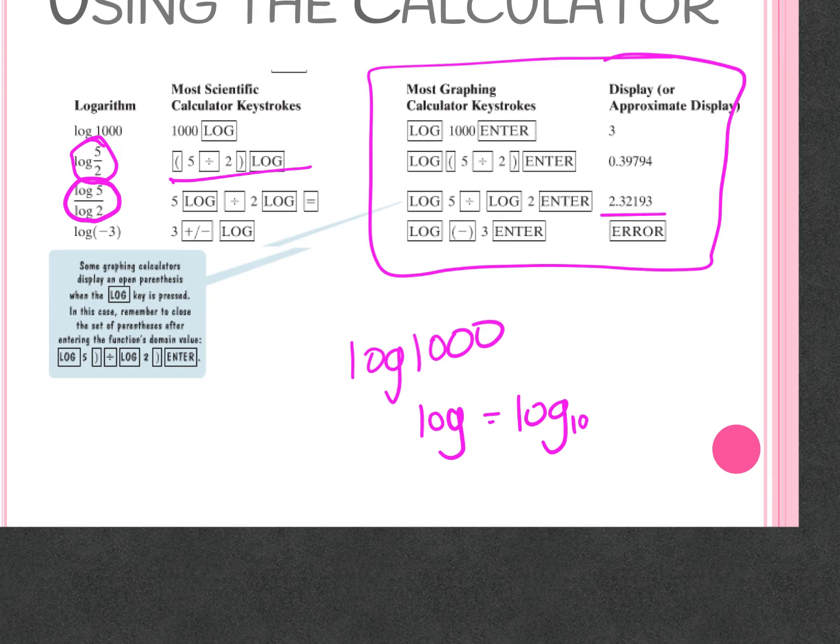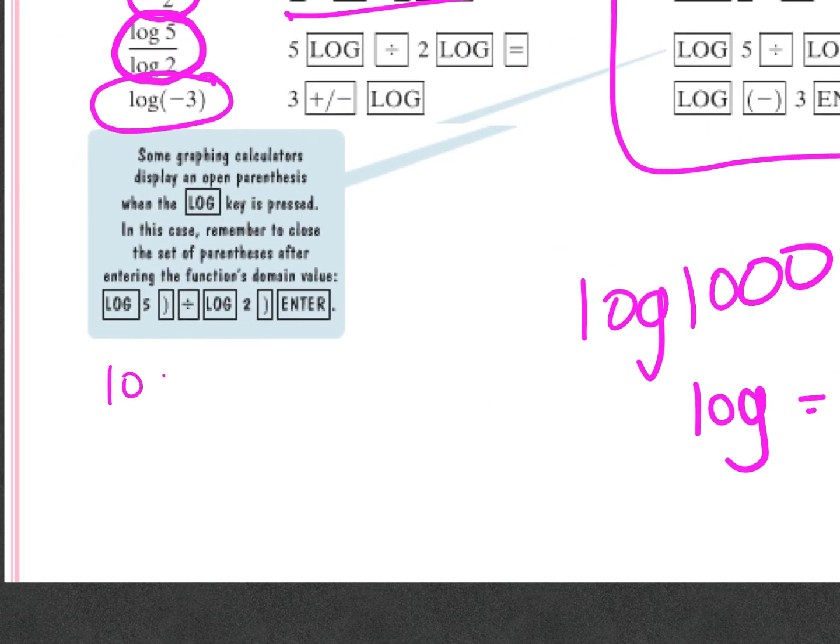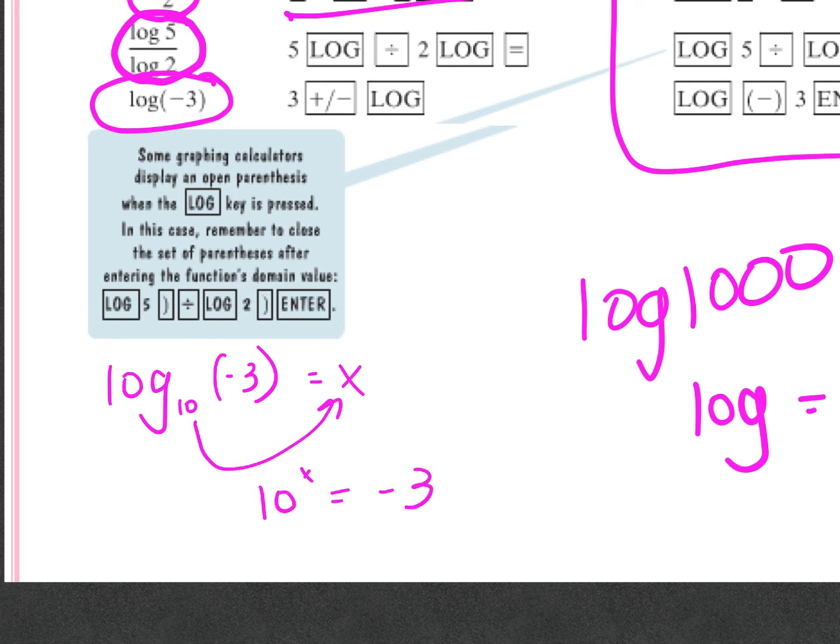If you're trying to find log of -3, on the graphing calculators it says error, non-real answers, quit or go to. Think about what you're trying to say. If this was base 10 and this is -3, you're saying, what power do I raise 10 to get -3?